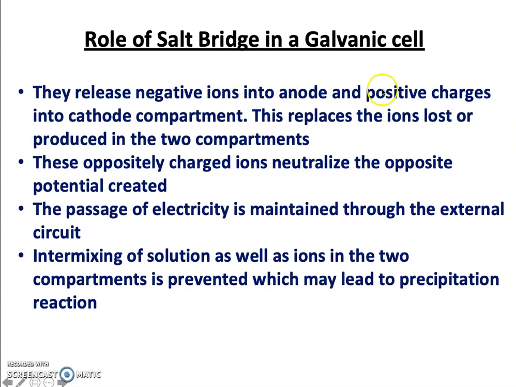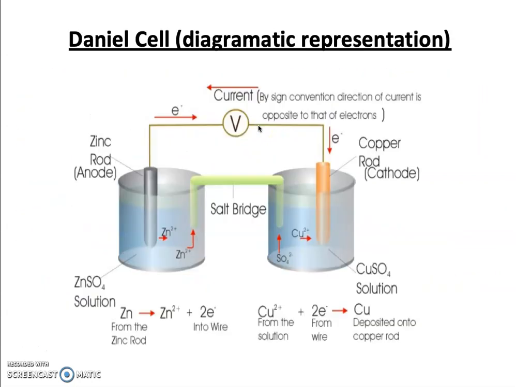So what is the role of a salt bridge? First of all, it helps to neutralize the positive ions that are generated in the anode, and the negative ions that are generated at the cathode. So that means the negative part of the electrolyte helps to neutralize the zinc ions, and the positive part of the electrolyte helps to neutralize the sulfate ions.